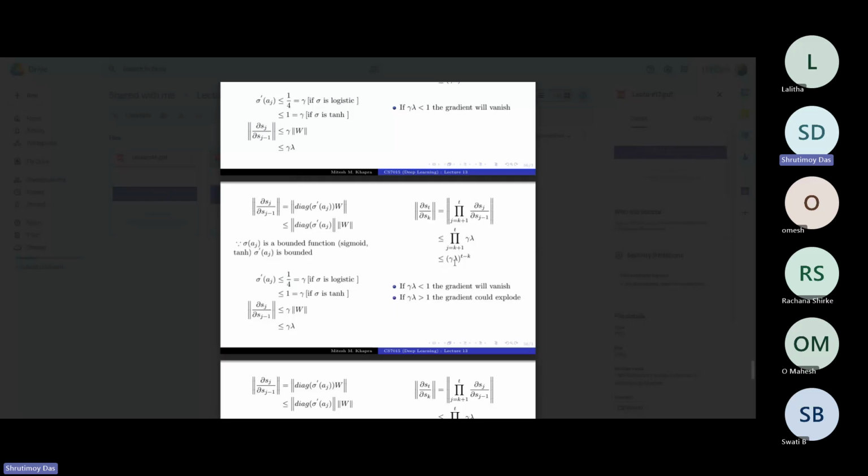So gamma lambda is 2.5/4, which is about 0.6, less than 1. So it will vanish, but not become zero.